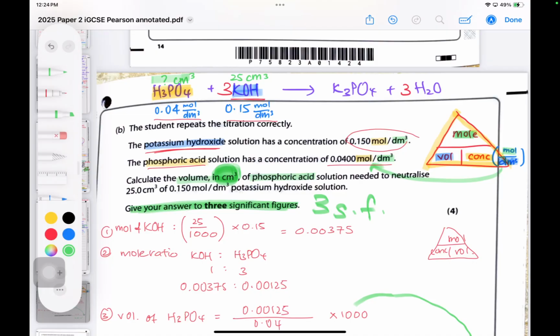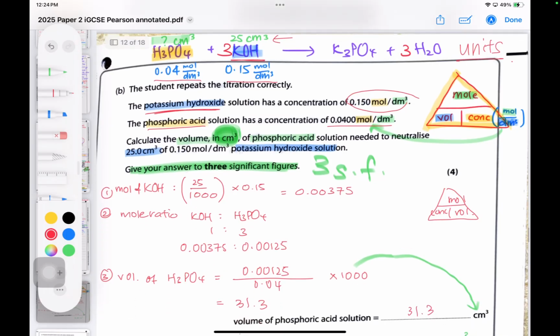What else do they give me? The volume of potassium hydroxide. Again, I'm going to use blue. They give me the volume, and I have written it on the top as well, and it's 25 cm cube. Take note, units are really, really important here. Okay, so with that, let's get moving.